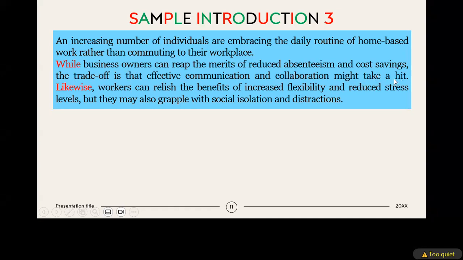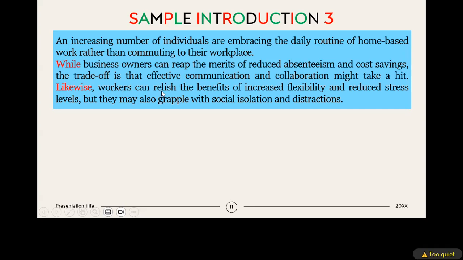Well, this is an idiom, meaning they may suffer. So here I used idioms and good collocations: reduced absenteeism, effective communication, a trade-off. Likewise, the same thing for workers, because this was about business owners and this combines them; likewise, or we can say in a similar manner. Okay, we will study these things, guys.